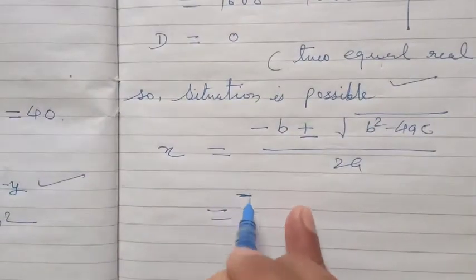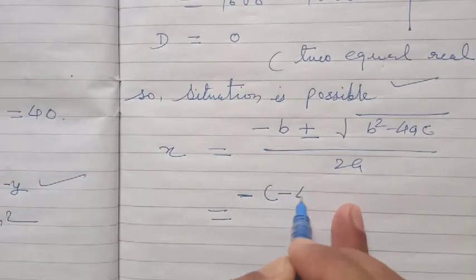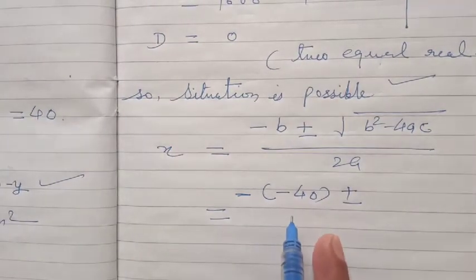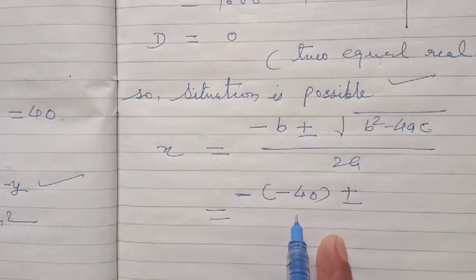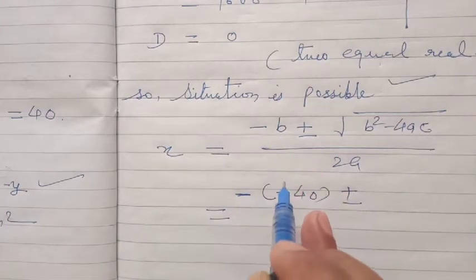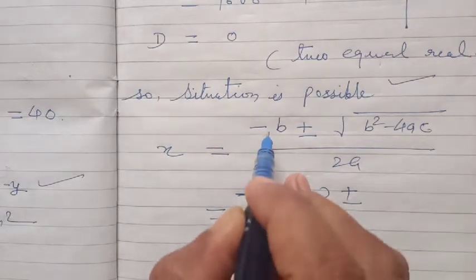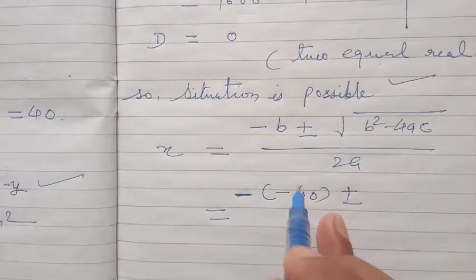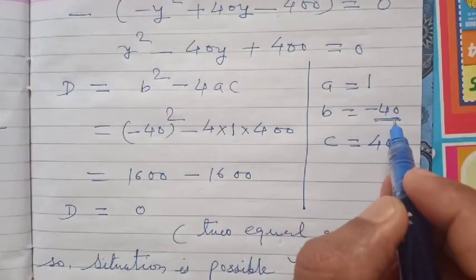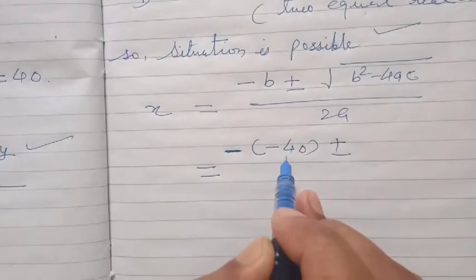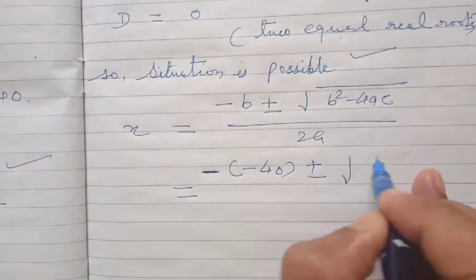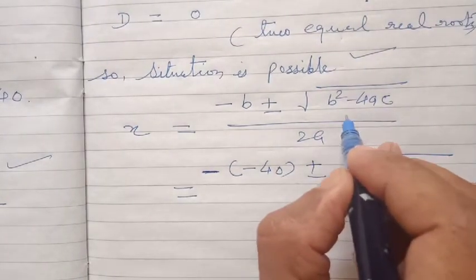Many times students make a mistake here: the minus is already given in the formula, so you should write the minus first and then write the value of b. If the value of b is given in negative form, you should write it in the negative form here, minus in bracket minus 40, plus minus root.